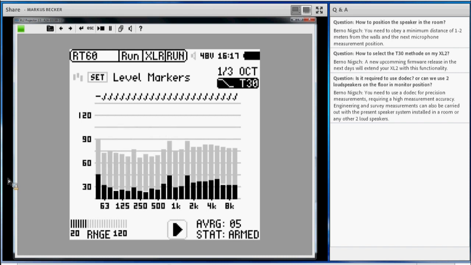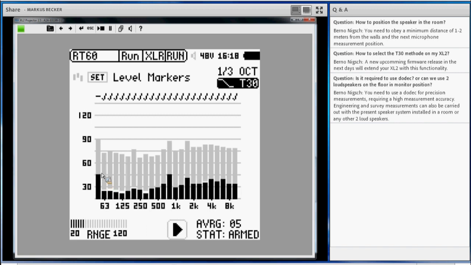Maybe you have noticed these ticks in this upper line. These ticks indicate that for the corresponding third octave band, the measurement has been executed successfully. The lowest band, the 50 Hz third octave band, however, has not been measured successfully, and the reason is, you see here we have a pretty high bar, which means there is apparently some hum, possibly from the air conditioner in that room.